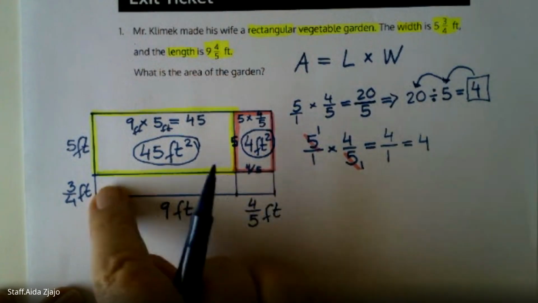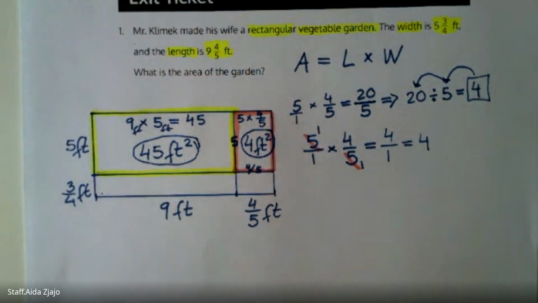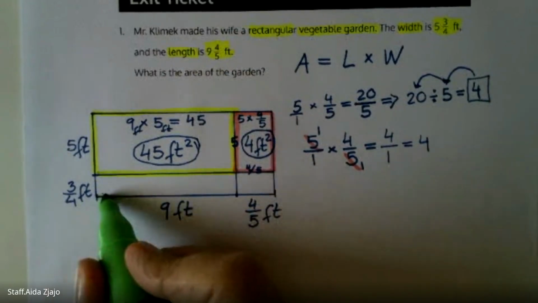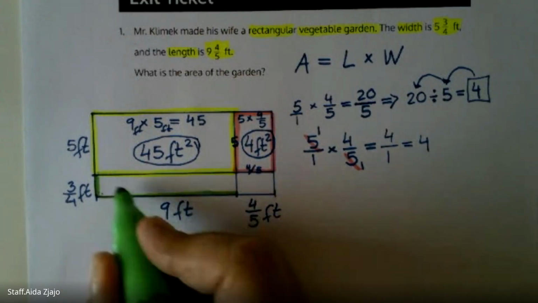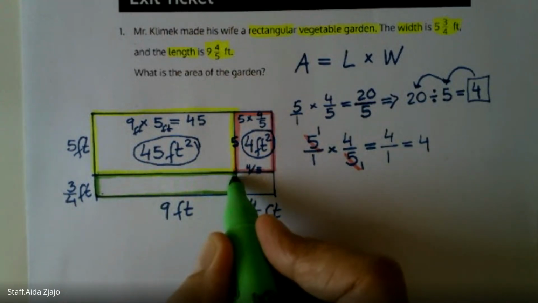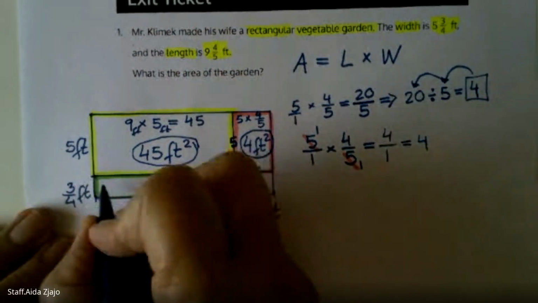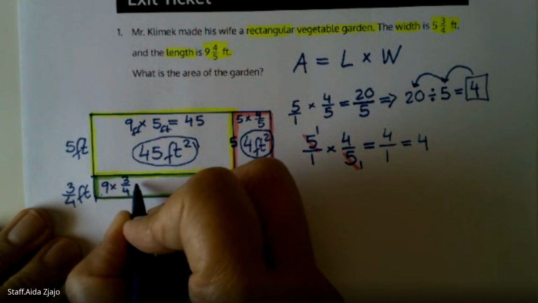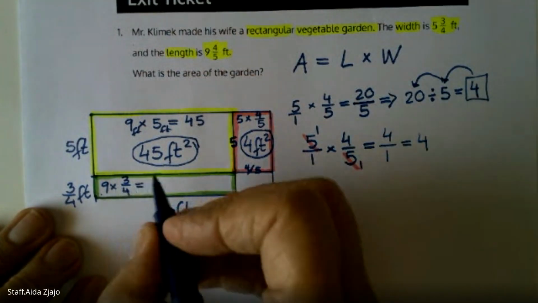What is left is this one and that one. Let's use a different color. I'm going to need 9 feet by 3/4, so that is this area right here that I'm calculating. 9 times 3/4 equals, 9 times 3 is 27, so it would be 27/4.